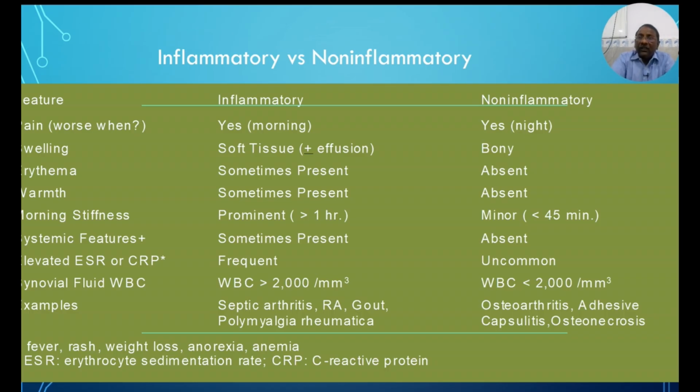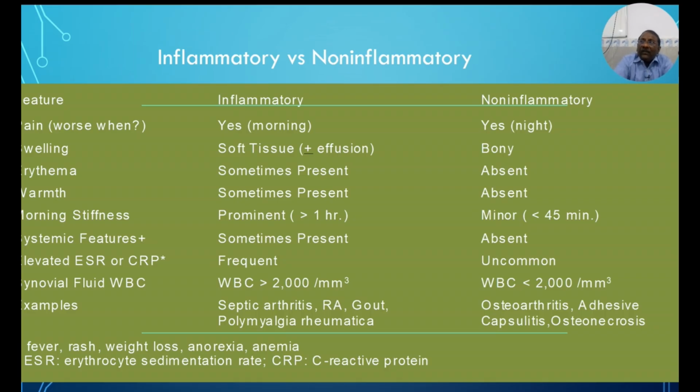In the beginning, it could be only 15 minutes or 20 minutes or 30 minutes. Later, in an established case, you will have more than 1 hour. So don't wait till you get morning stiffness of more than 1 hour to say that it is an inflammatory arthritis. Systemic features, yes.